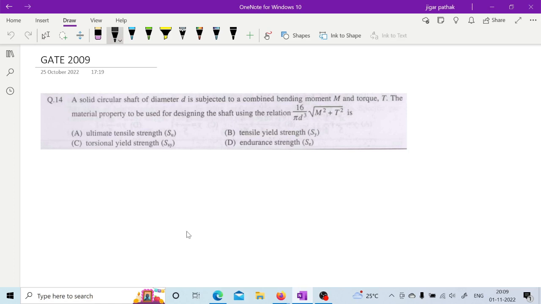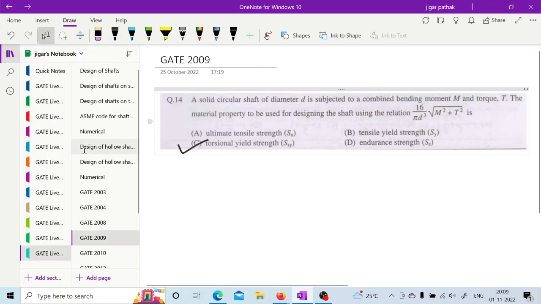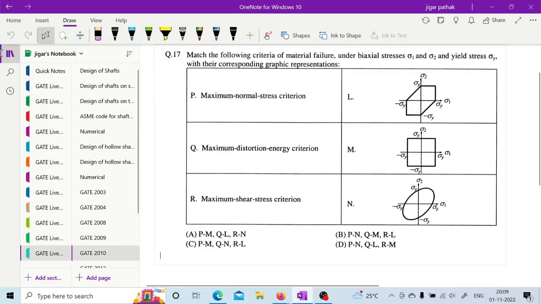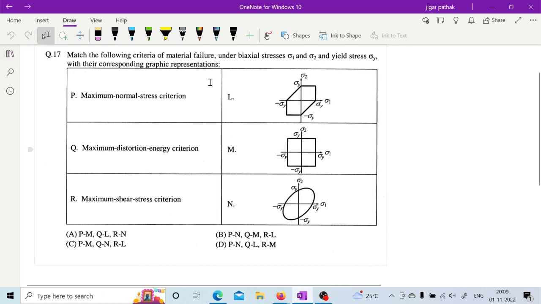Tell me what will be your answer? C, sir. C, right? Torsional yield strength.